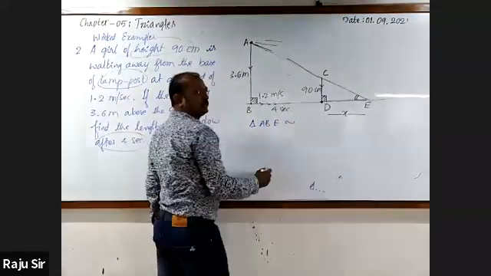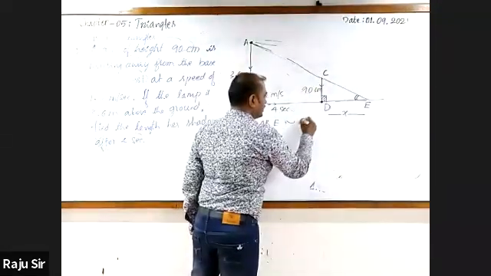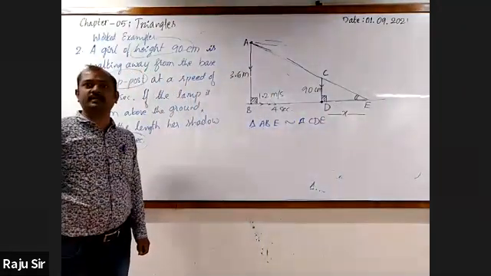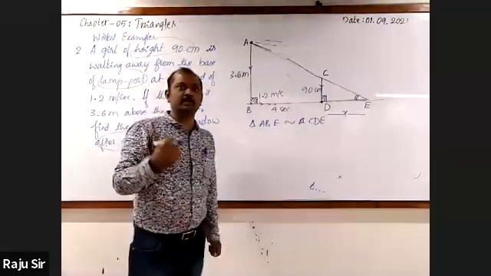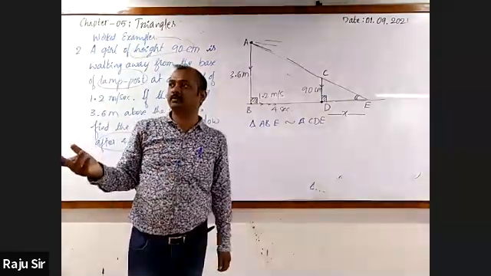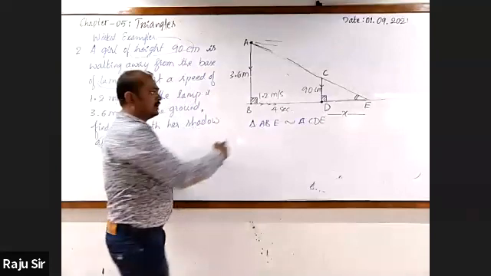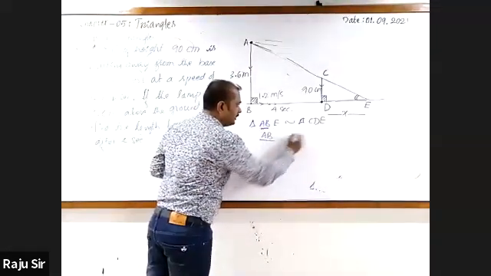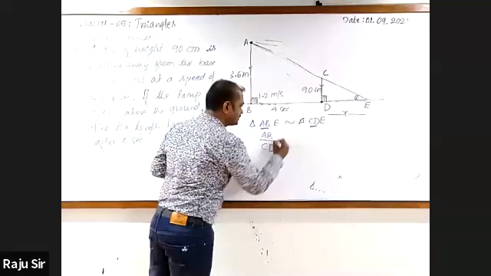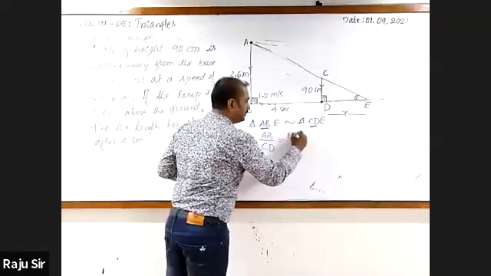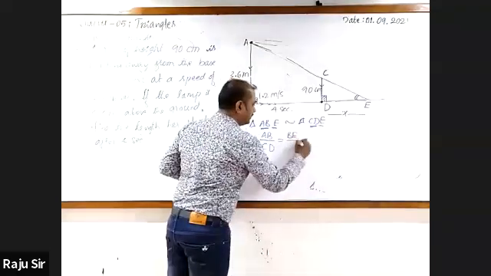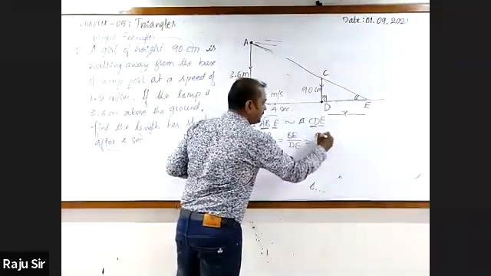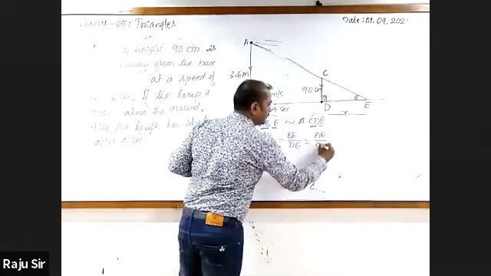ABE is similar to CDE. We know that when two triangles are similar, their corresponding angles will be equal and the corresponding sides will be in the same ratio. I'll write the corresponding sides. Here it is: AB by CD, BE by DE, then AE by CE.